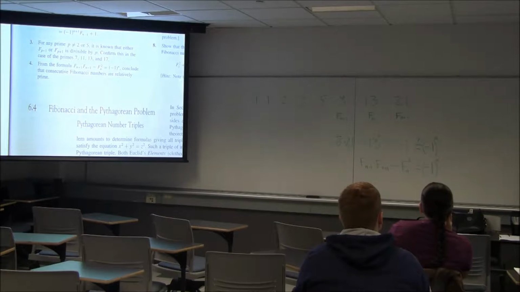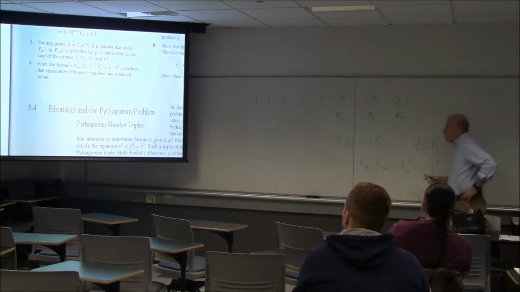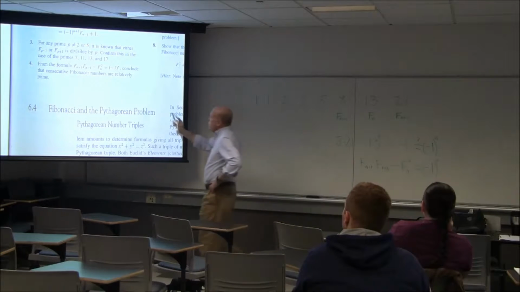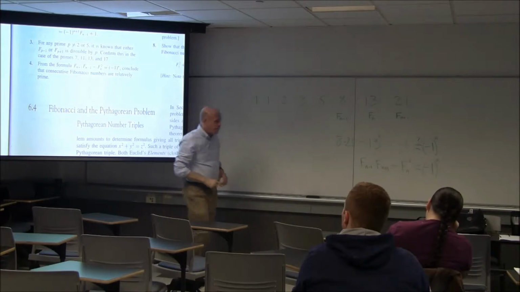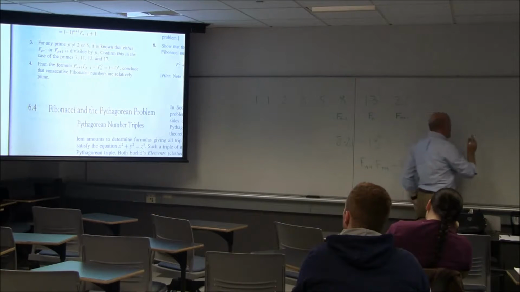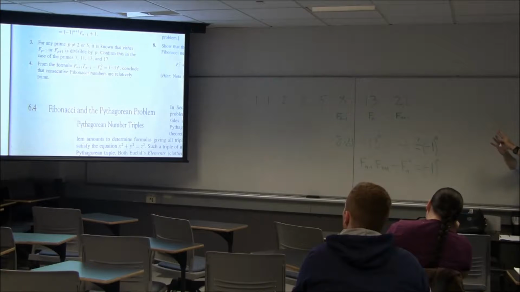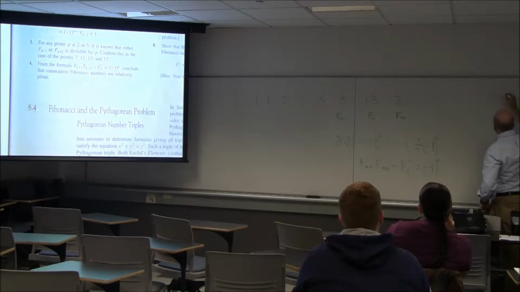What are we trying to do here? Consecutive Fibonacci numbers should be relatively prime from this. Let's talk about maybe the nth one and the n plus first one. And since the product of F sub n plus 1 times F sub n minus 1 and F sub n squared differ by 1, let me ask this as a question.